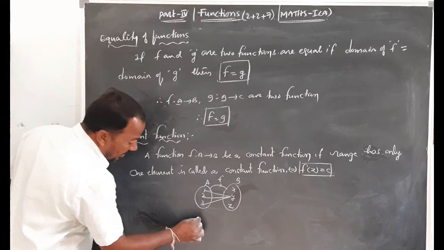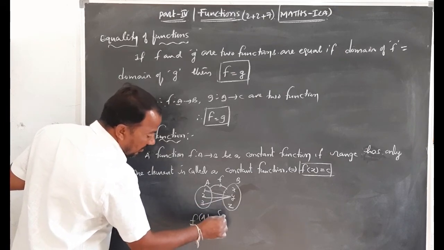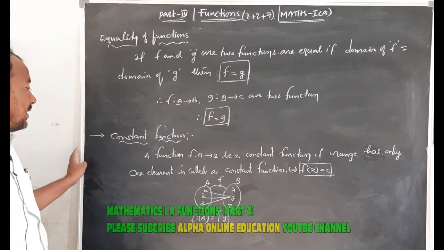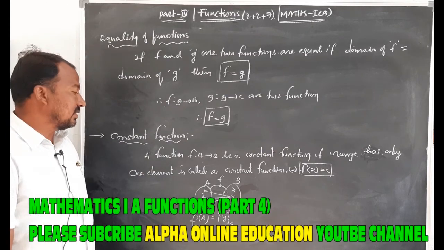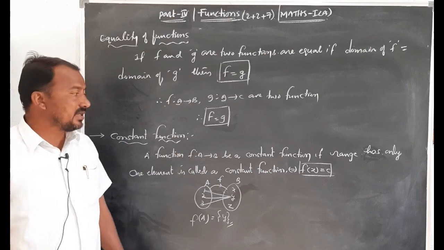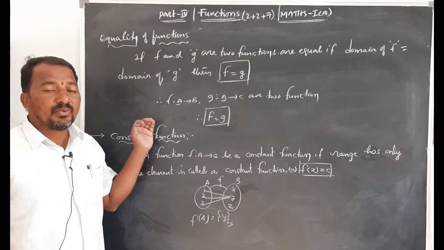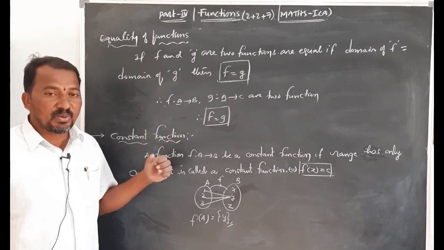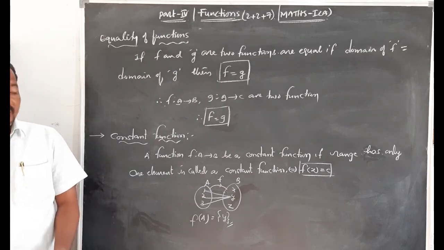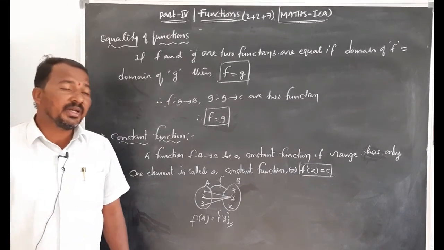So the range f(A) equals {y}. The range has only one element, so it is a constant function. Equality of functions means two functions have the same domain, so these functions are equal. Constant function means the range has only one element.